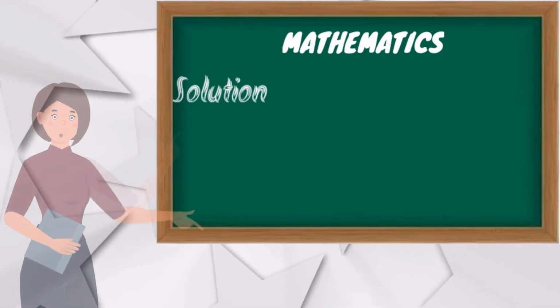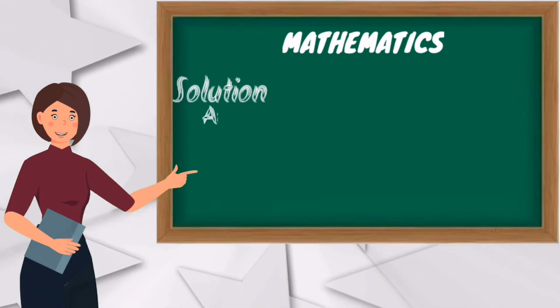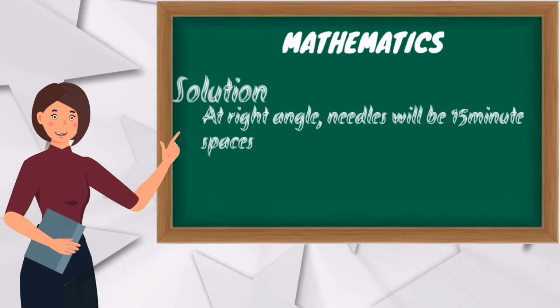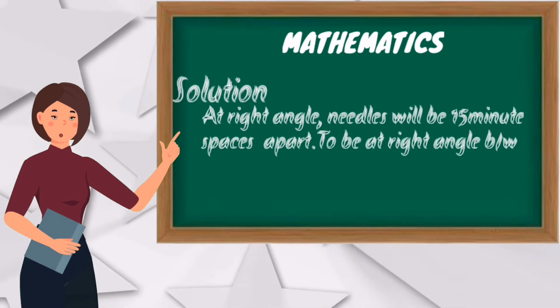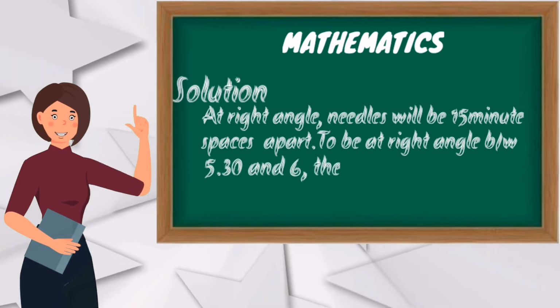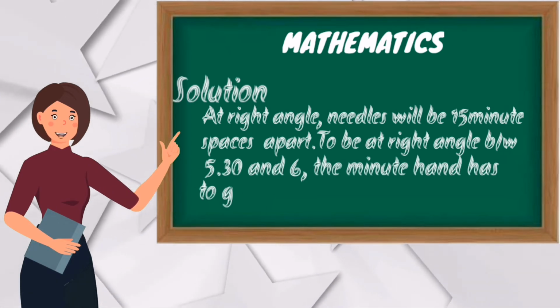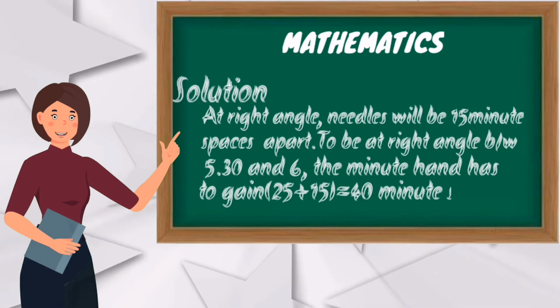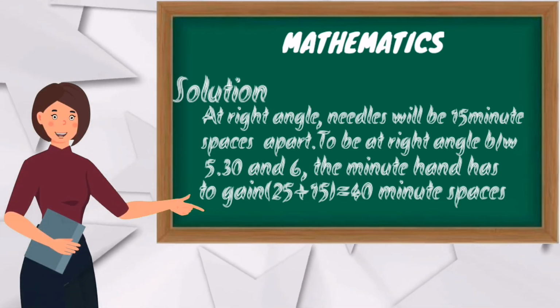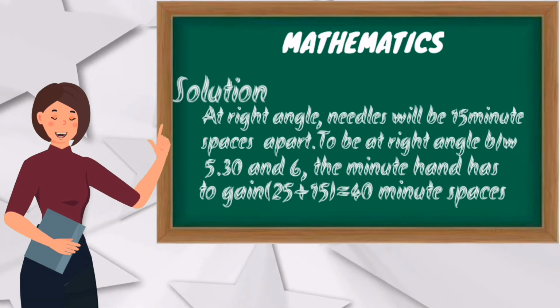Here, for the minute needle to be at right angle with the hour needle, it should be 15 minute spaces apart, and that too in the time interval 5:30 and 6. So, to be at right angle, the minute needle has to gain a total of 25 plus 15, that is 40 minute spaces.